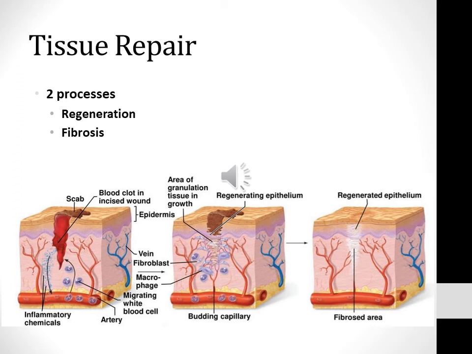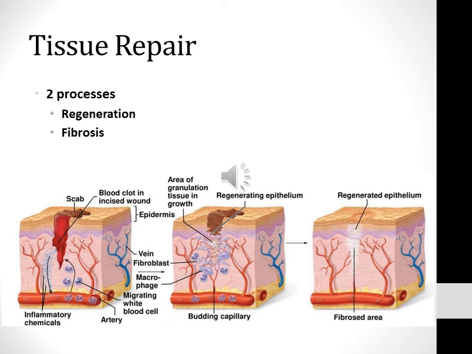One more time, 2 repair ways: regeneration, where we replace the destroyed tissue with the same kind of tissue, and fibrosis, which replaces destroyed tissue with scar tissue. Scar tissue is a type of dense connective tissue. Which of these 2 occurs is going to depend on the type of tissue and the severity of the injury. Oftentimes you get both.